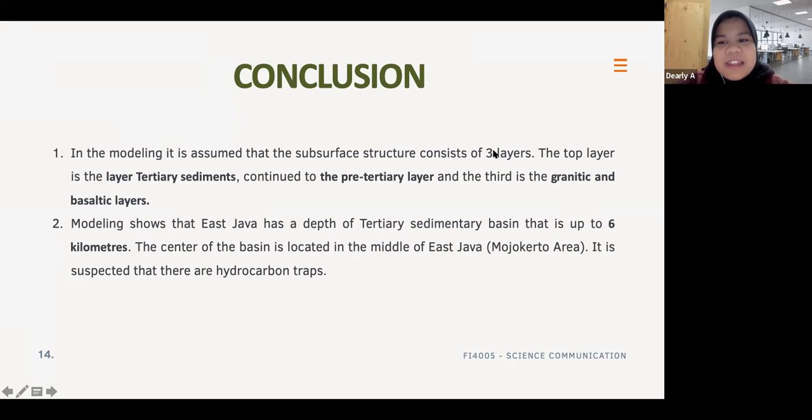The center of the basin is located in the middle of East Java, especially at the Mojokerto area. It is suspected that there are hydrocarbon traps. However, for more in-depth investigation and analysis, geology, geophysics, and geodesy studies are required.